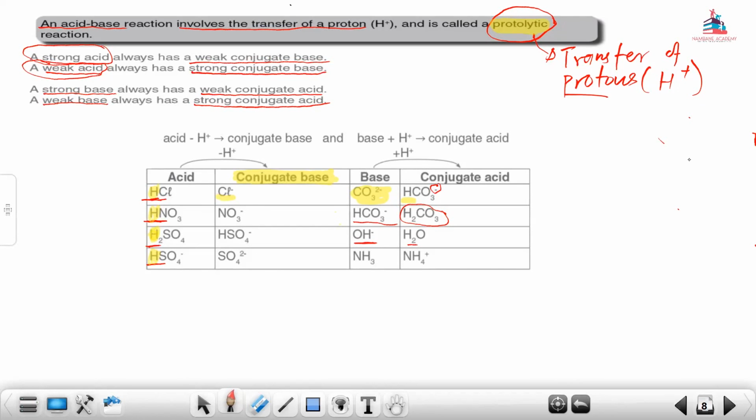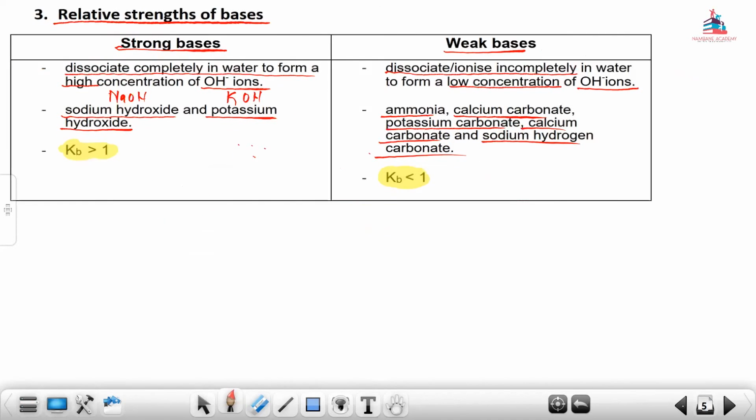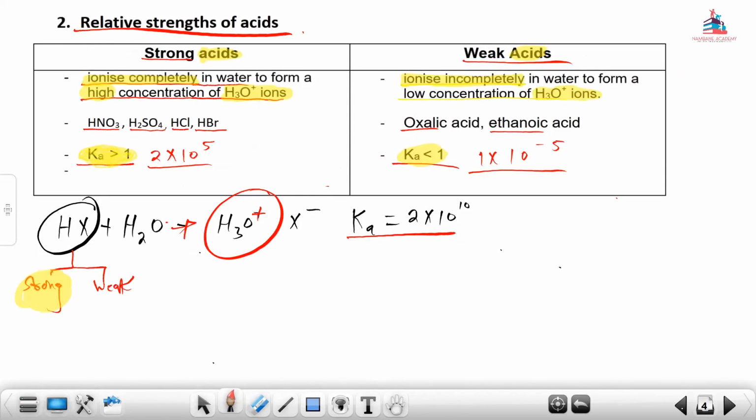Now let's move on to a point where I wanted to say, if I am working with a strong acid, weak acid, strong base, and weak base, remember we said we need to have this information here of relative strength of acids.